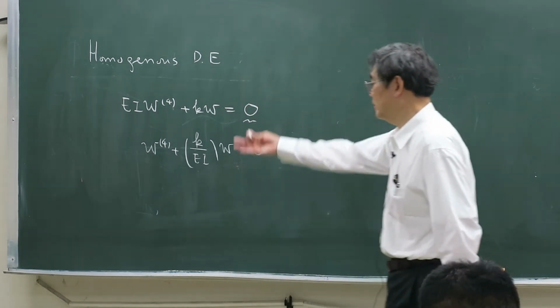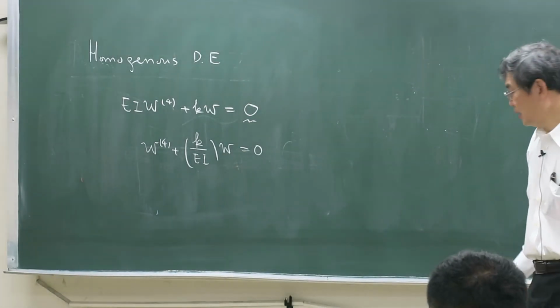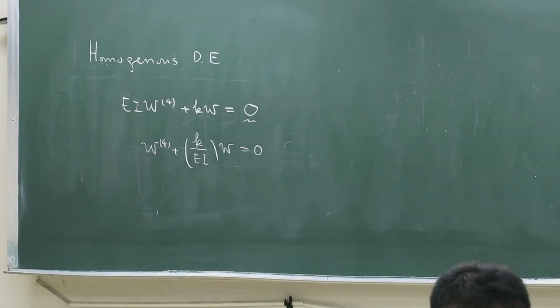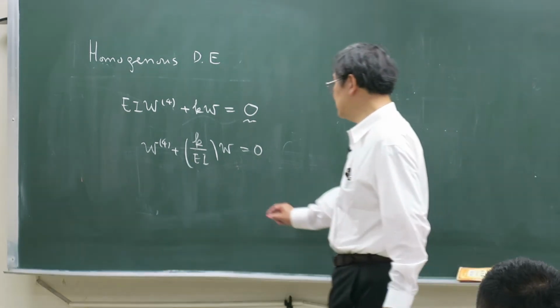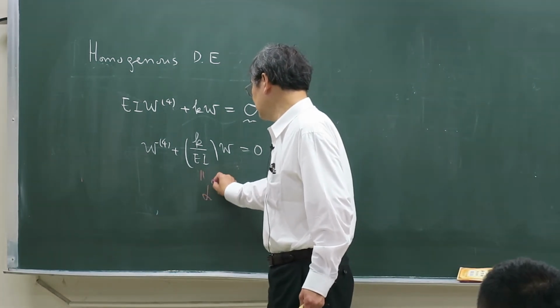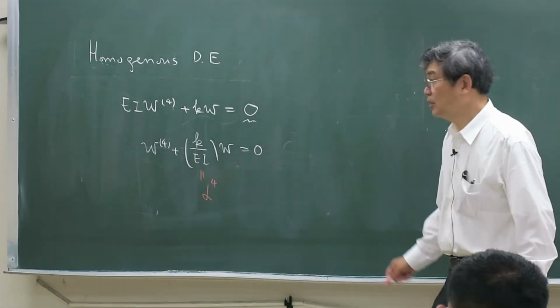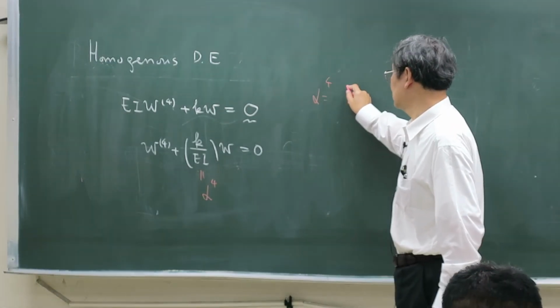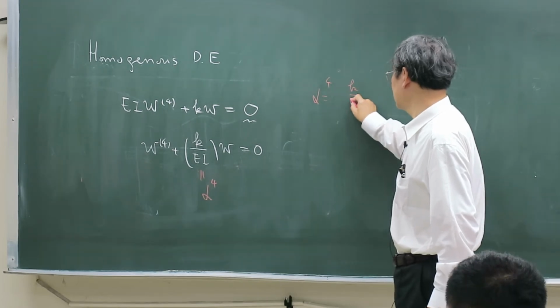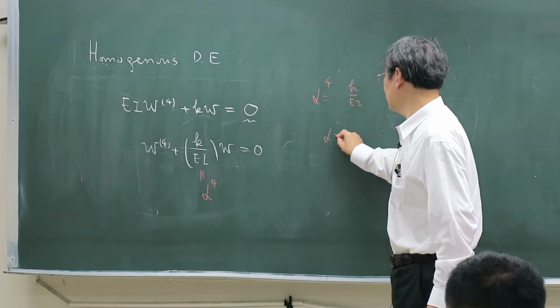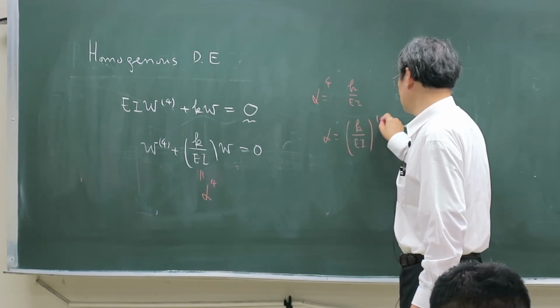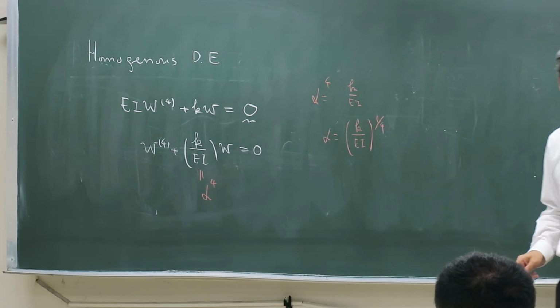Okay, we divide by EI. And we define this K over EI equal to alpha to the fourth power. That means alpha equal to K over EI to the 1/4 power.